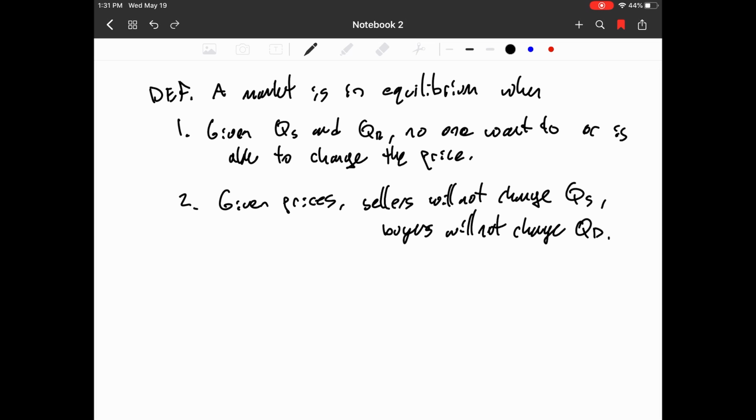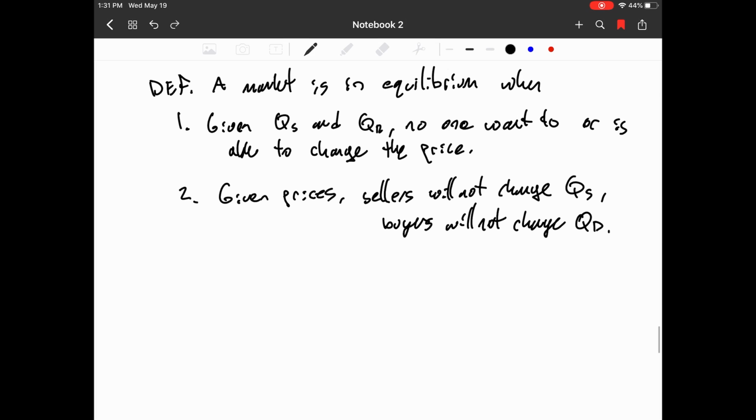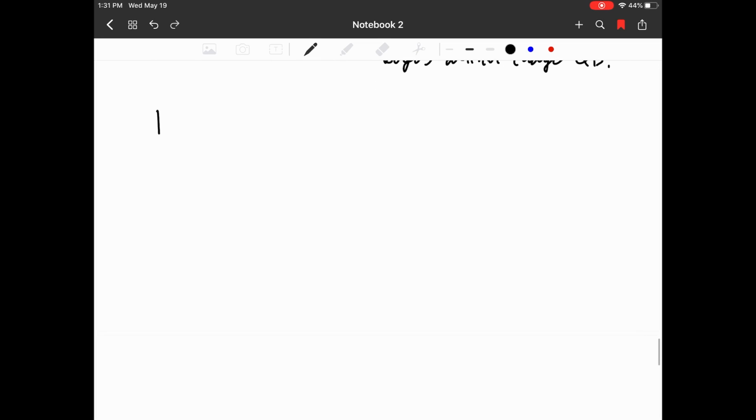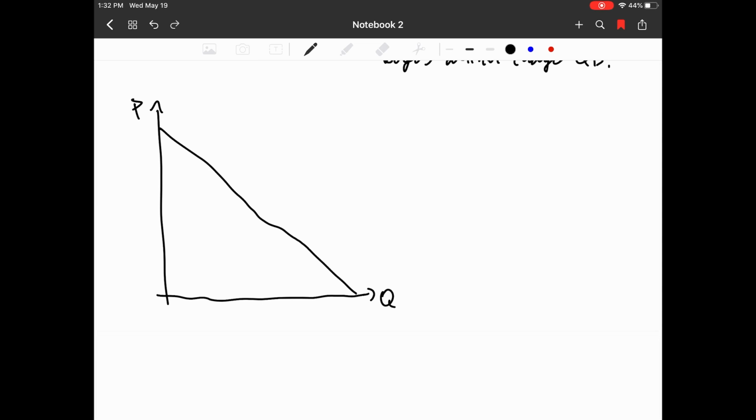Okay, so let's set this up in a way that looks familiar, and then we'll get into our mathematical treatment of familiar concepts. So we have our price on the vertical, quantity on the horizontal, a downward sloping demand curve, an upward sloping supply curve, and we have our intersection.